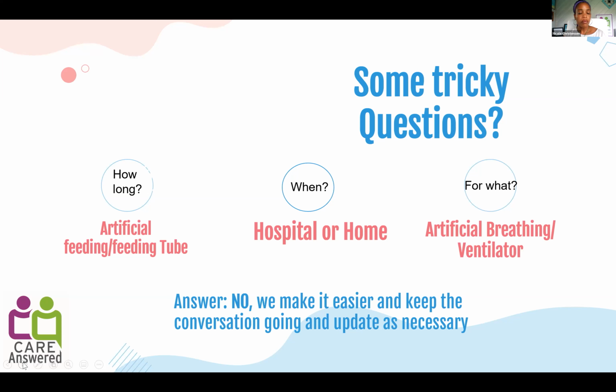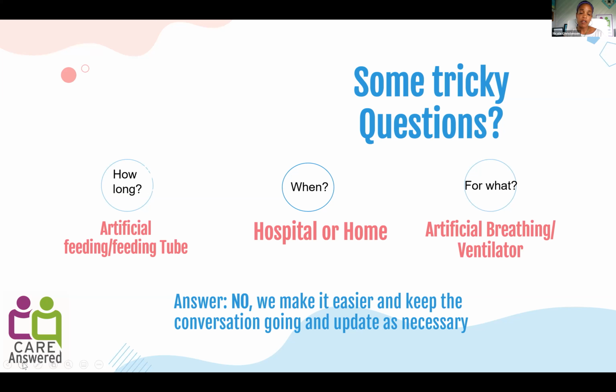So how long, the artificial feeding tube, that can be a tricky one. I know for myself, I'll speak about my father, we're known as being really good eaters in my family. And we enjoy food. And so the idea of not giving him sustenance was very, very hard for us.